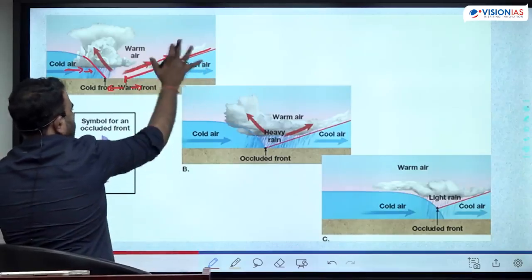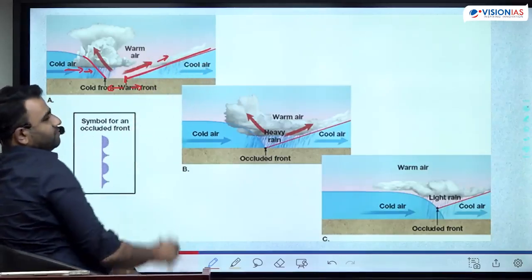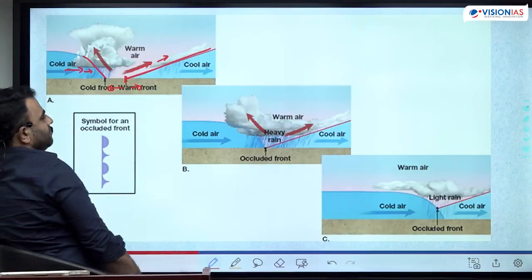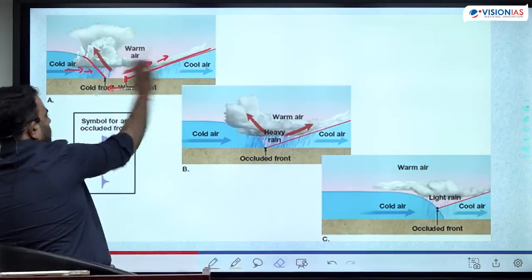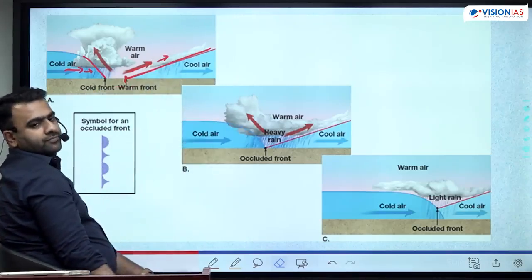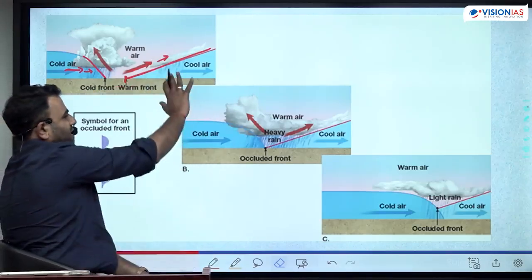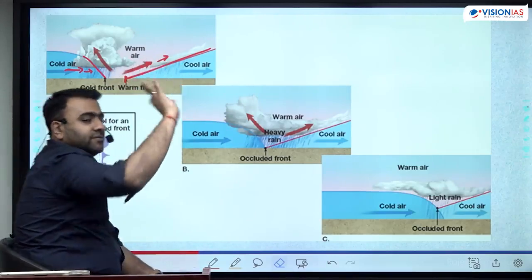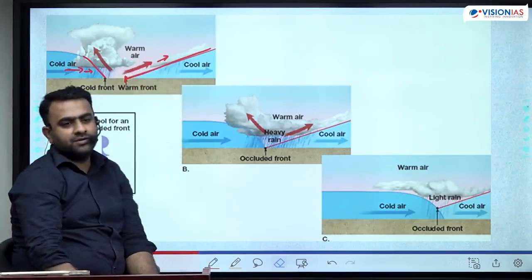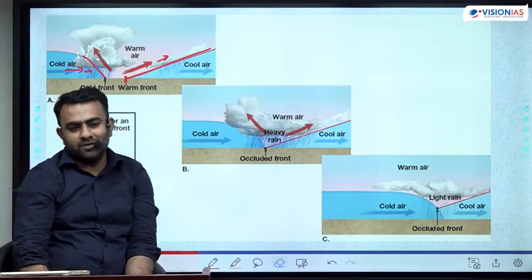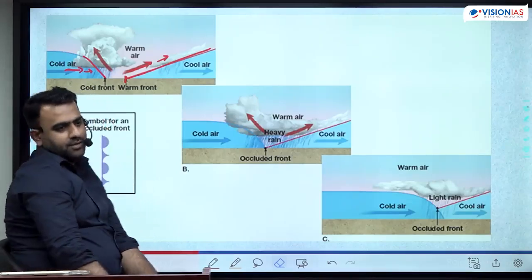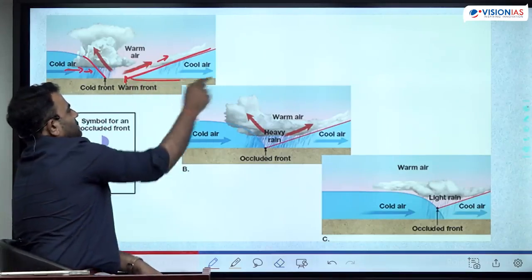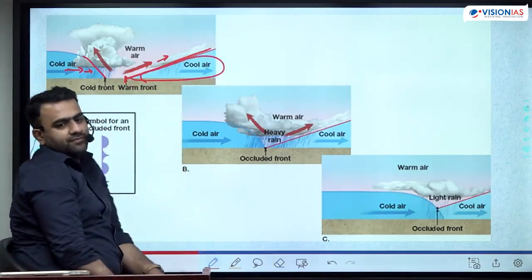If the cold air is stationary, what happens to the warm front? Warm front will not move much. Very rare case that the cold air remains stationary. I am telling you, imagine if the cold air is stationary, will the warm front move? No. The movement of warm front is always decided by the movement of cold air.